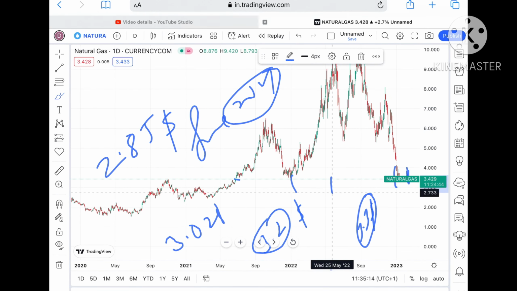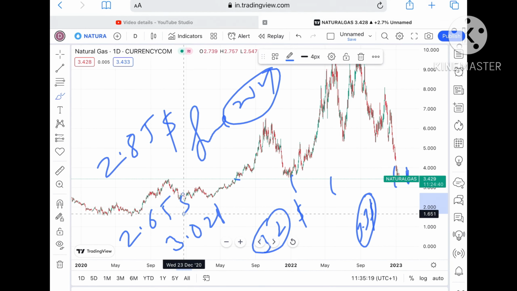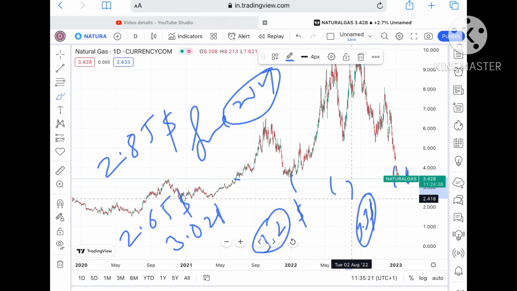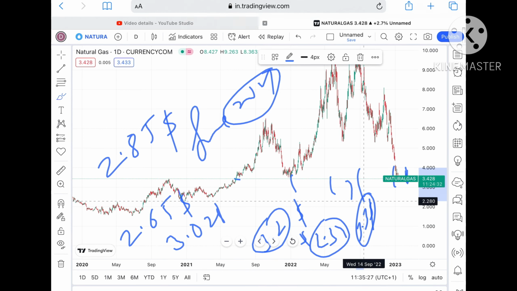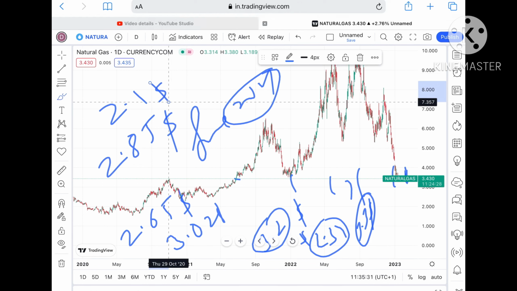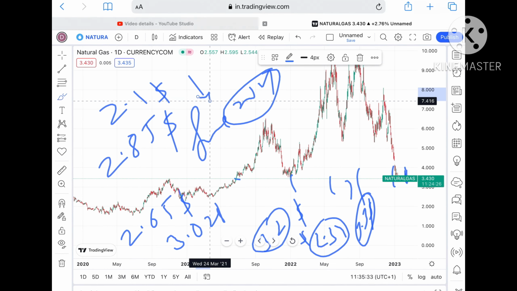Once the price falls below this level, it can go towards $2.65, and from there a probability of touching 2.34 is there. Once the price falls below $2.34, it can fall further down towards $2.1, and from there it can move further low.